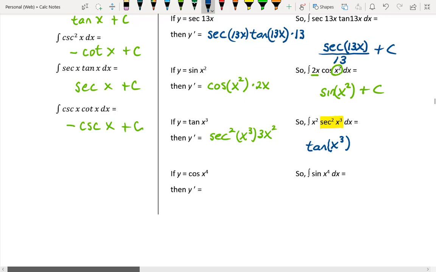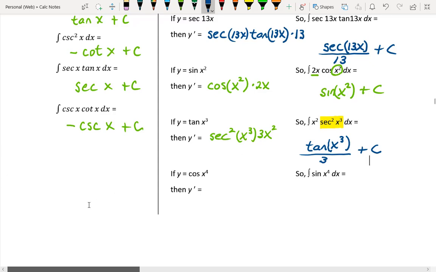The x squared's already in my integral, so I don't need to worry about that. But if I took the derivative of this inside part, I would have a 3 sitting out front here. So again, I need to divide by 3 in order to get that 3 to cancel out in this case, plus c. All right, let's keep going.